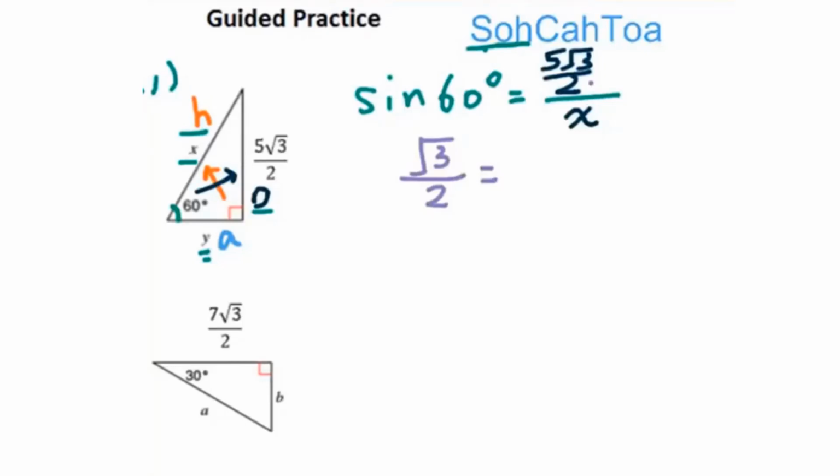So 2 will be the denominator. It's below that division line, so I drop down. You will get 2 times x at the bottom, then 5 square root of 3 at the top.